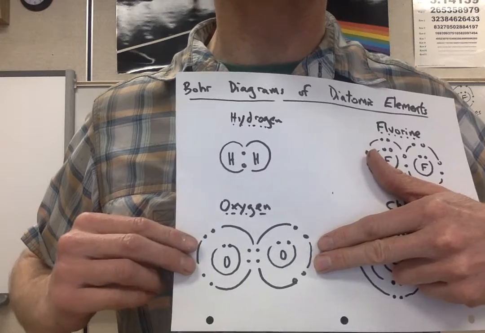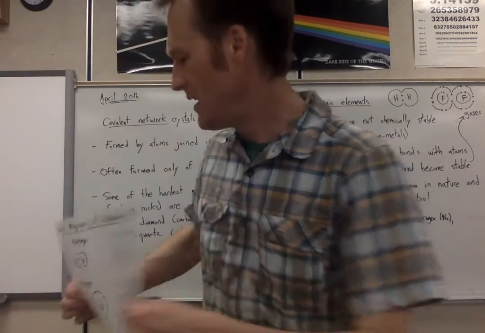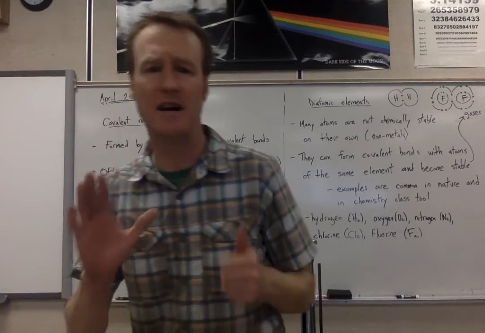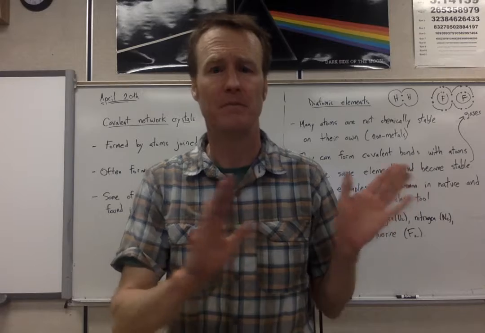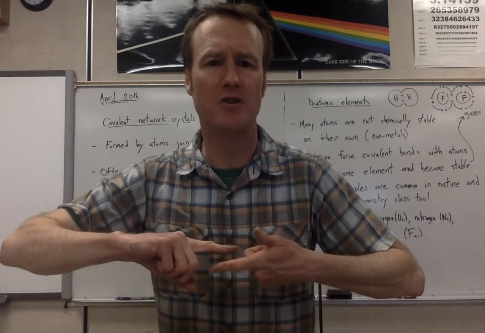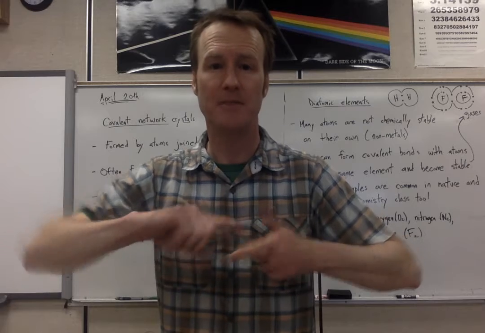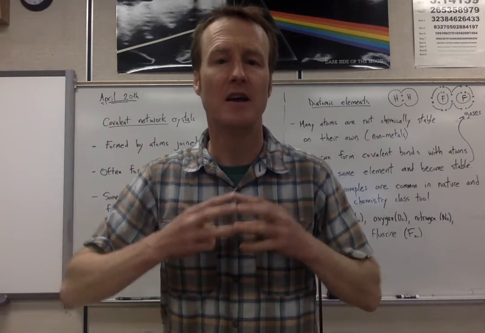Here's how that works. What happens is that an oxygen atom has 6 valence electrons. So they can't just share 1 electron each, but it works if they share 2 electrons each. They're making what's called a double bond.